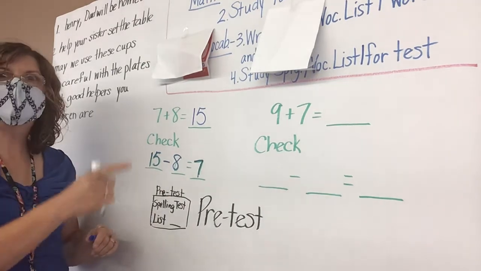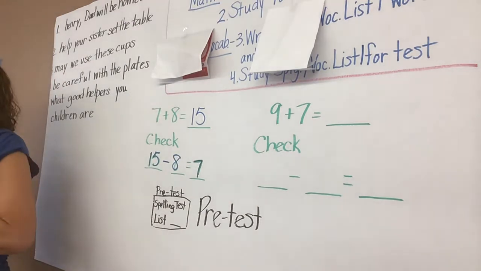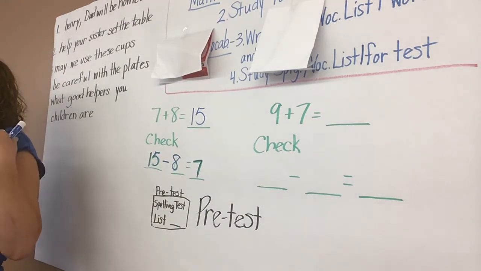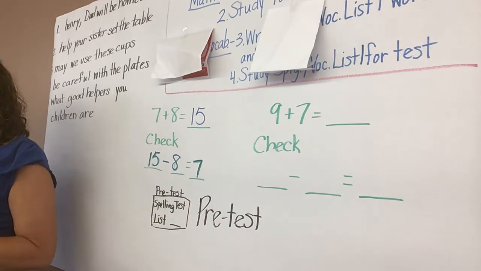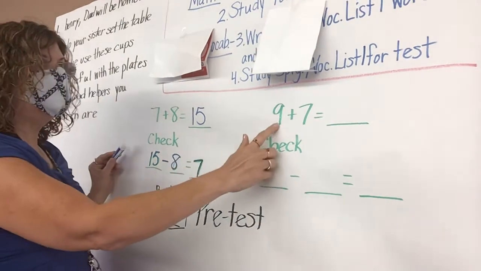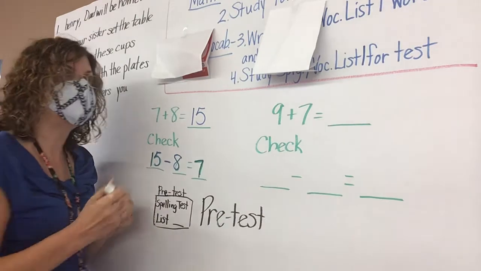Your second problem is 9 plus 7. If you think of 10 plus 7 being what? 17. So this is just 9, so what's 1 less than 17? 16. That should help you remember that this is 16.